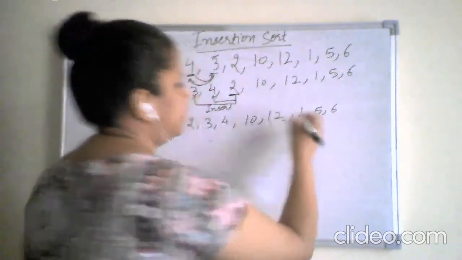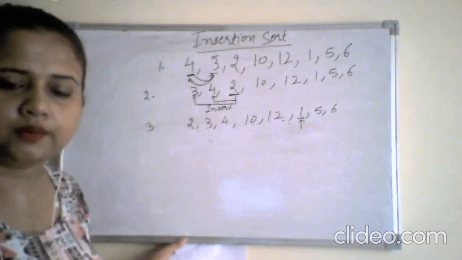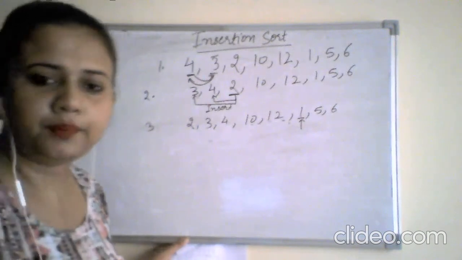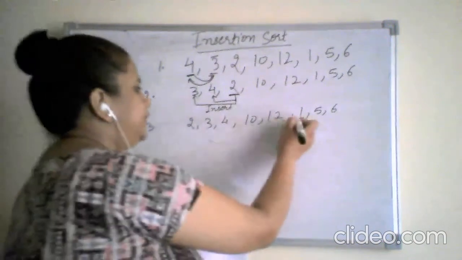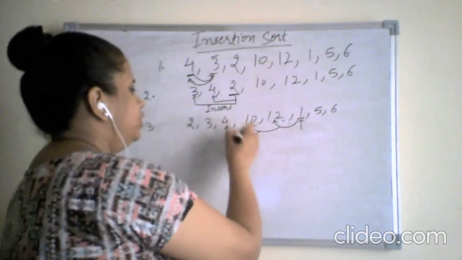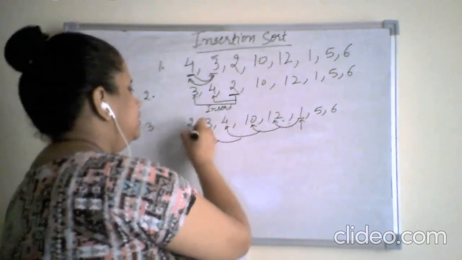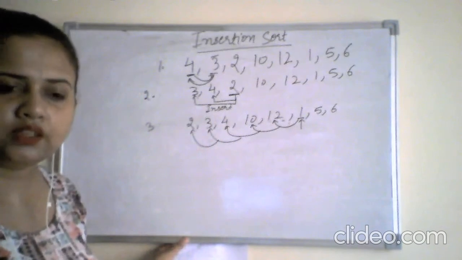the element number 1. So when my pointer moves to the element number 1, I will be comparing number 1 with the other data elements. I will be comparing 1 with 12, with 10, 4, 3, 2. Why am I doing that comparison?